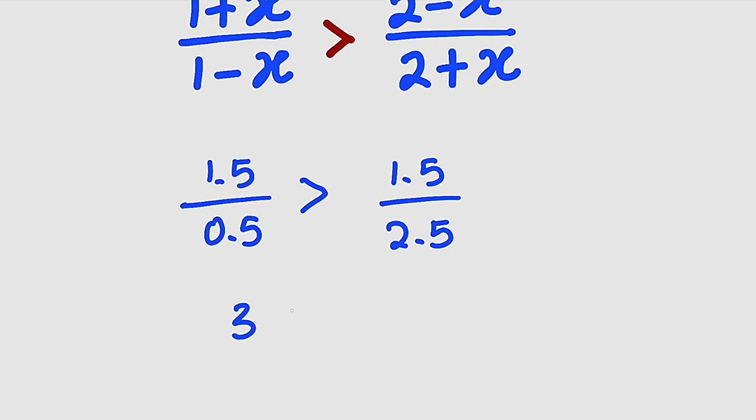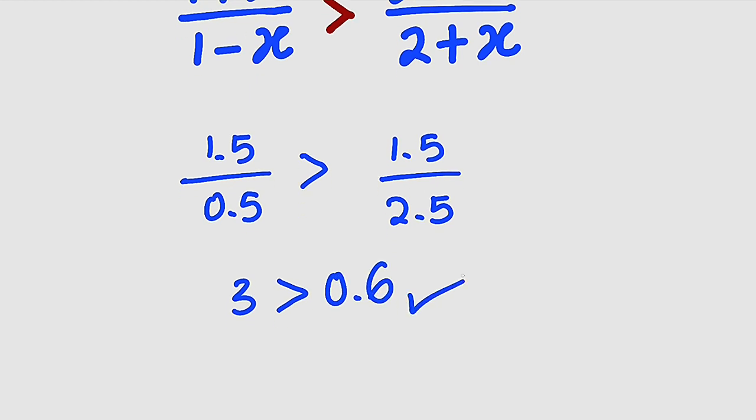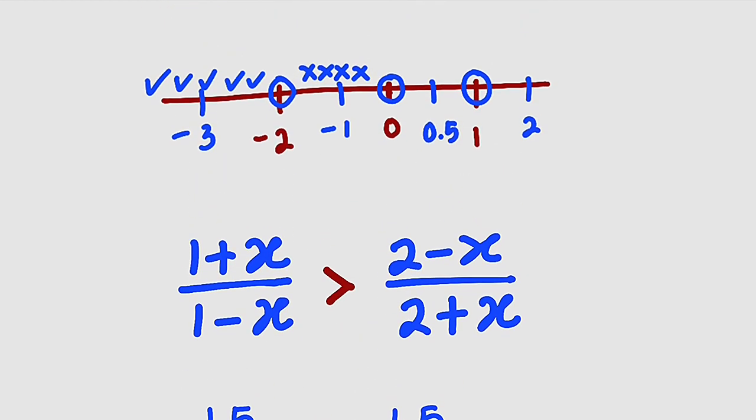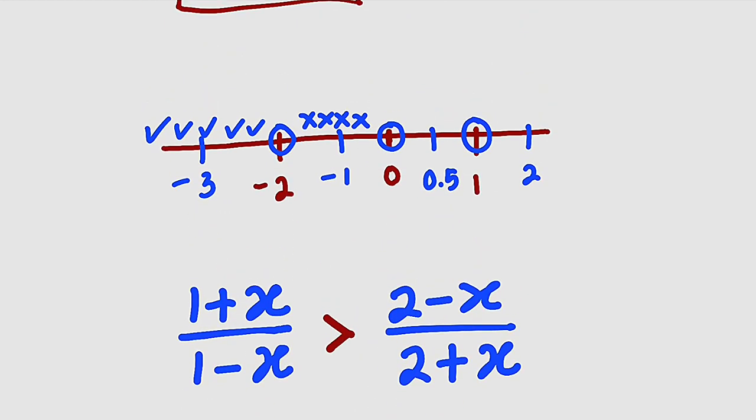So we have 3 here, greater than 1.5 divided by 2.5 is 0.6. And this statement is true. Therefore, all values here will satisfy this inequality from 0 down to 1.